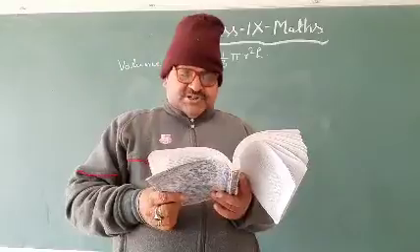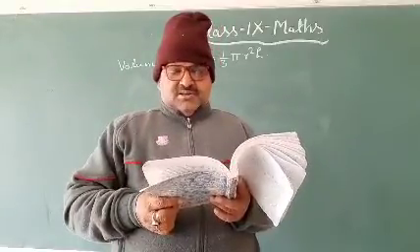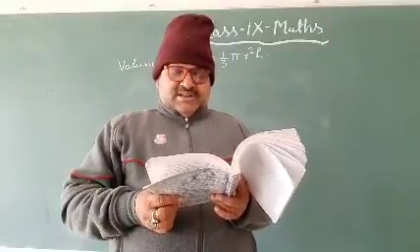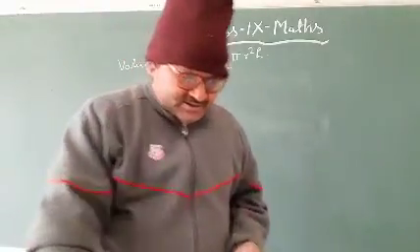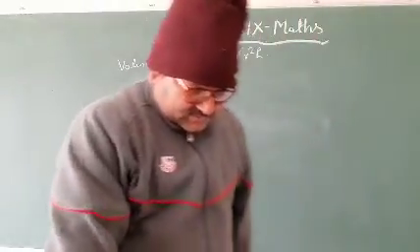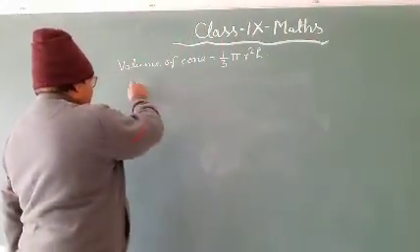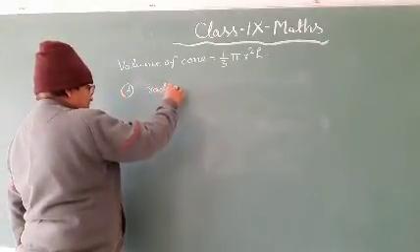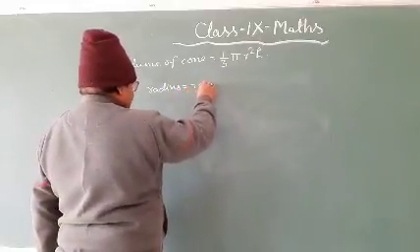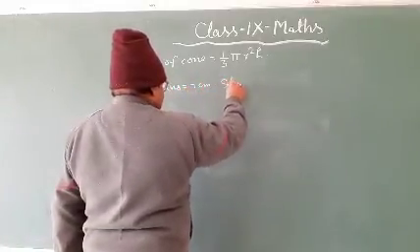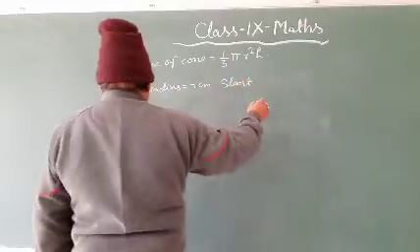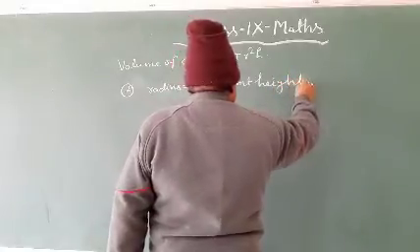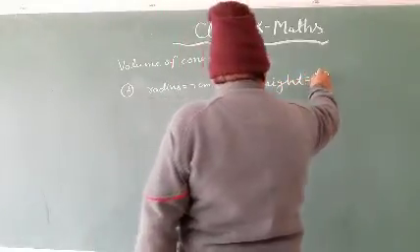Find the capacity in liter of a conical vessel with radius 7 centimeter and slant height 25 centimeter.